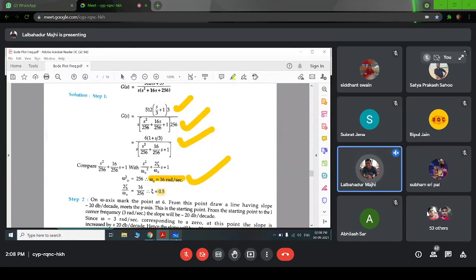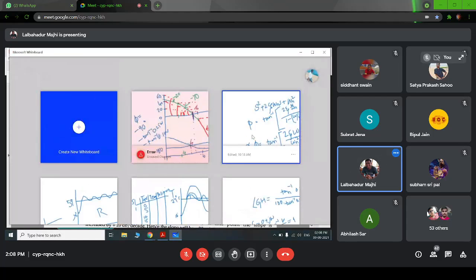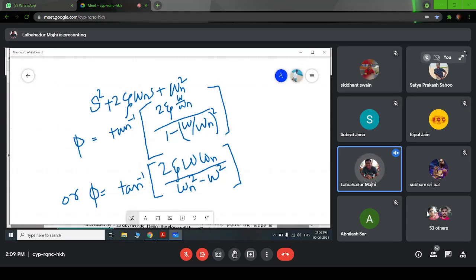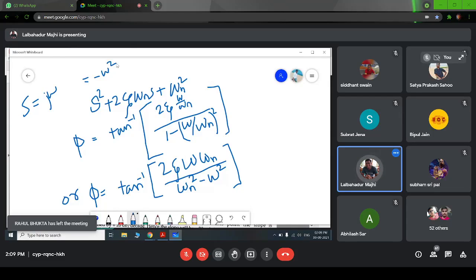Now what will be the angle? If we put s equal to j omega, this term becomes minus omega square plus j 2 zeta omega n into omega plus omega n square.